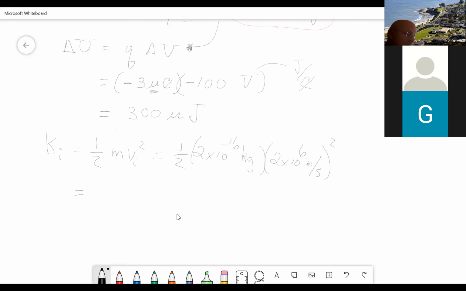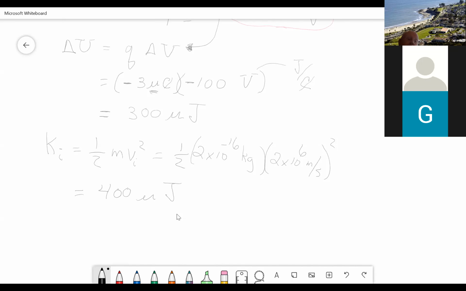And so grabbing my calculator, I've got a 1/2 times a 2 times 10 to the negative 16, and then a 2 times 10 to the 6 squared, and hit enter. And this comes out to be 400 microjoules. Well, 400 microjoules is more than the 300 microjoules it takes to get across. So yeah, this would get across, definitely.